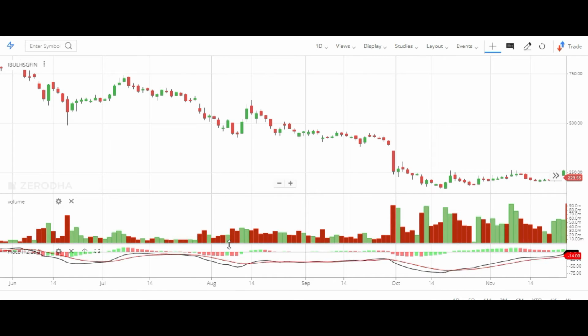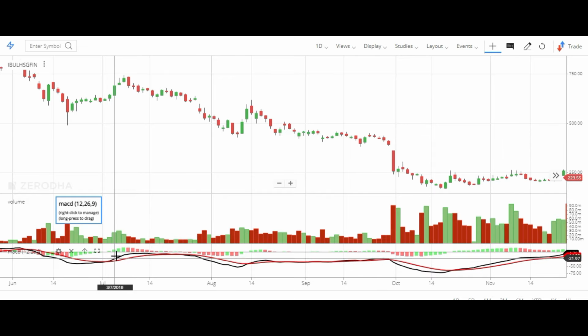And what else do we get to see in the indicator ribbon? We get to see some histograms, red ones, green ones, and they also change in their sizes. So the size of the histogram is nothing but the difference between the MACD line and the signal line.